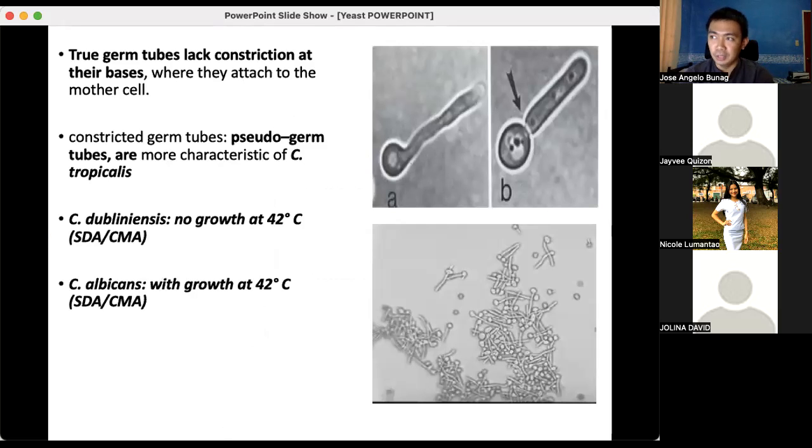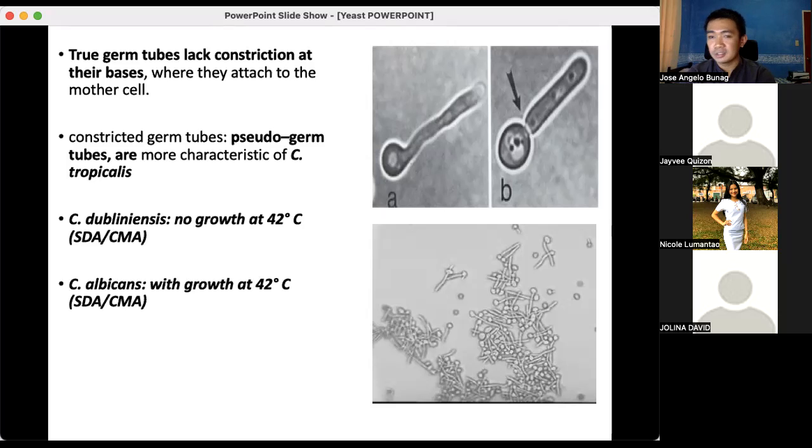And you just need to incubate that at 37 degrees Celsius for 2 to 3 hours. Please take note that during the incubation, care must be taken. Do not incubate the test beyond 3 hours because other species are capable of forming germ tubes at that temperature after more than 3 hours.